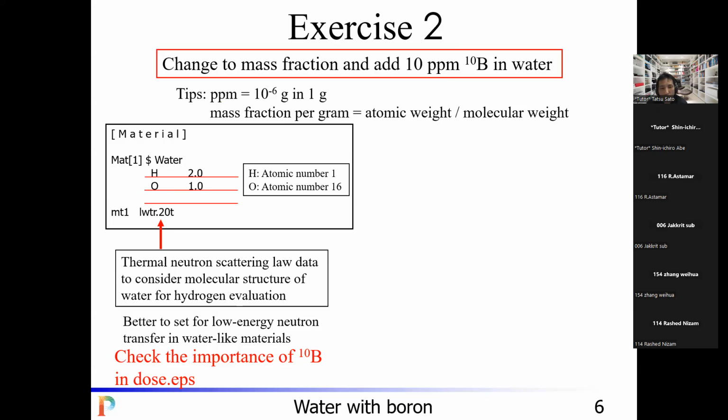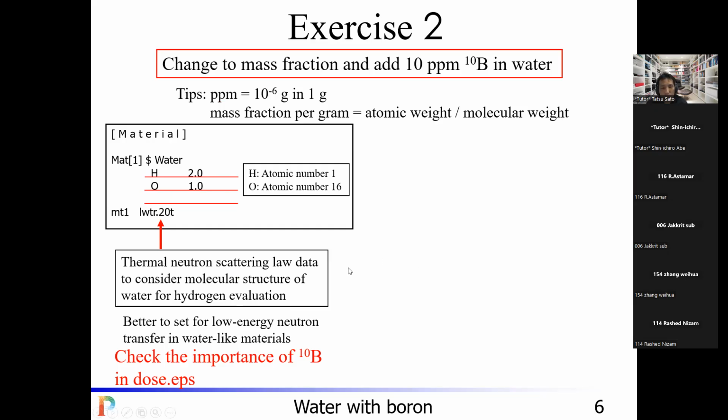In FITS you cannot combine positive and negative numbers for defining a material. So if you want to specify the boron density in ppm, you have to convert the atomic fractions to mass fractions. Please change the atomic fractions to mass fractions and add 10 ppm boron-10.